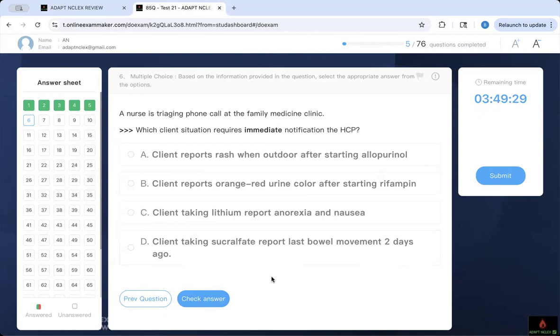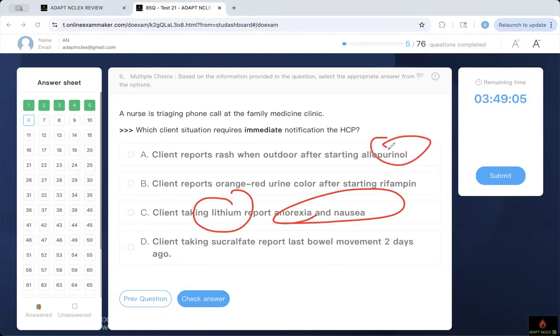Always, when they give you pharmacology prioritization, identify the medication, figure out if this is an expected finding. If it is, ignore it. You pick your answer? I know you picked the right answer. And the right answer, what do you think? It's lithium. If you take lithium, you have anorexia and nausea, that's toxicity. Allopurinol is a sulfa drug, but if you go outside and you have a rash, that's photosensitivity.